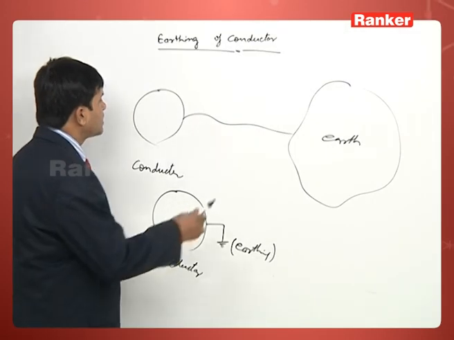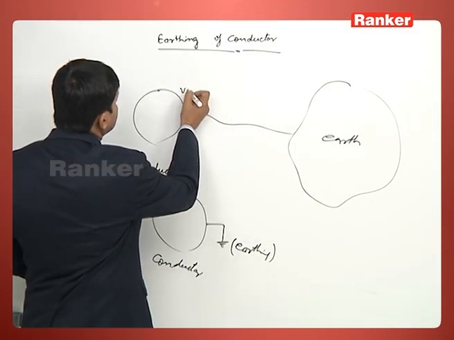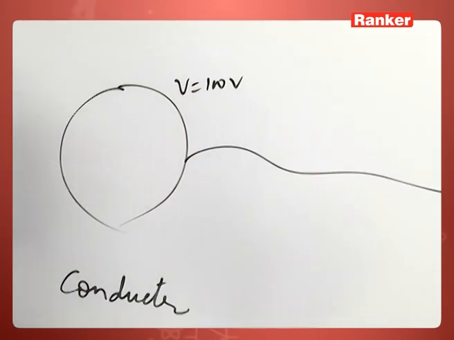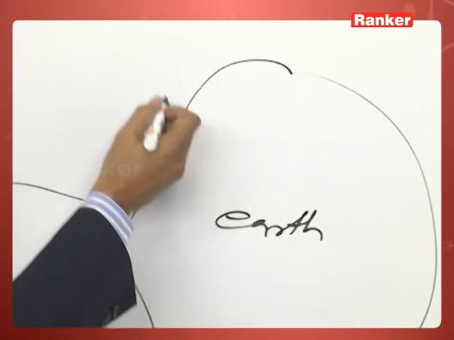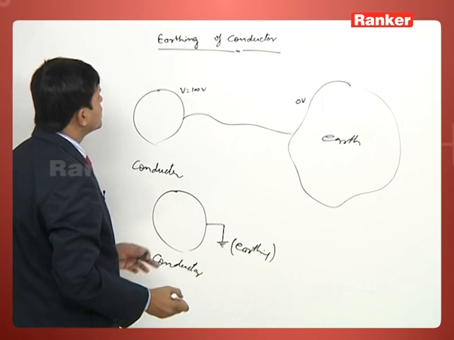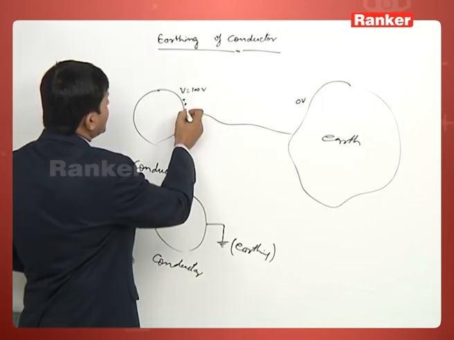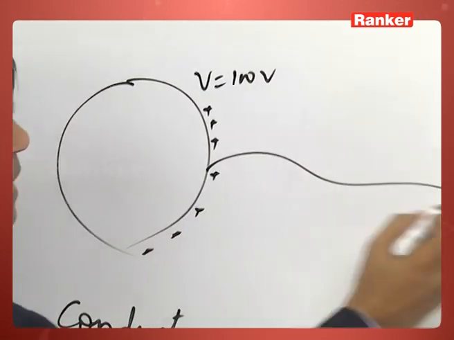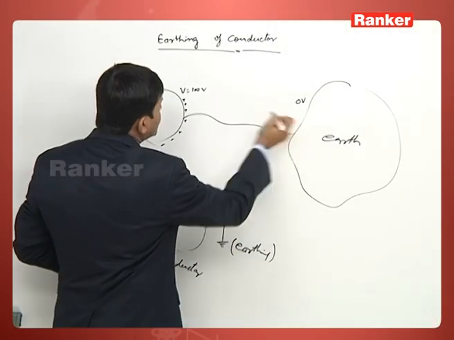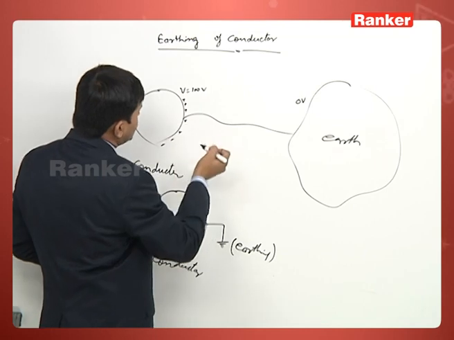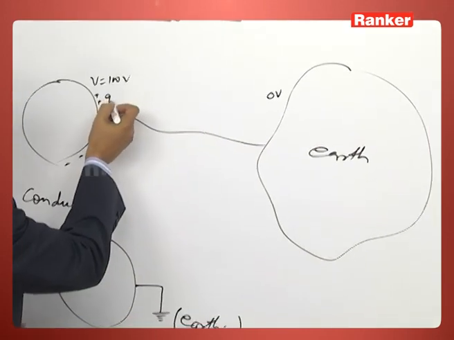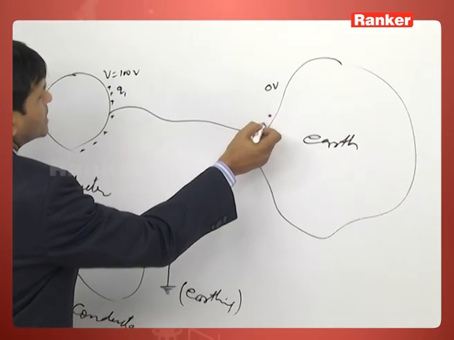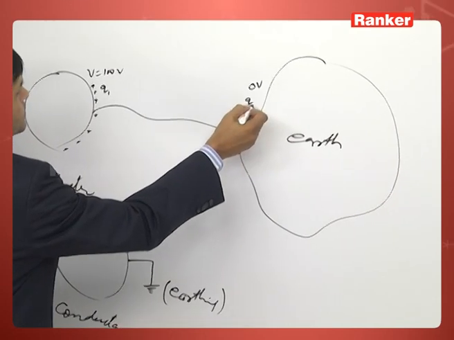For example, let this have potential 100 volt and this potential 0 volt. 100 volt means positive potential, meaning it has a much larger amount of positive charge.